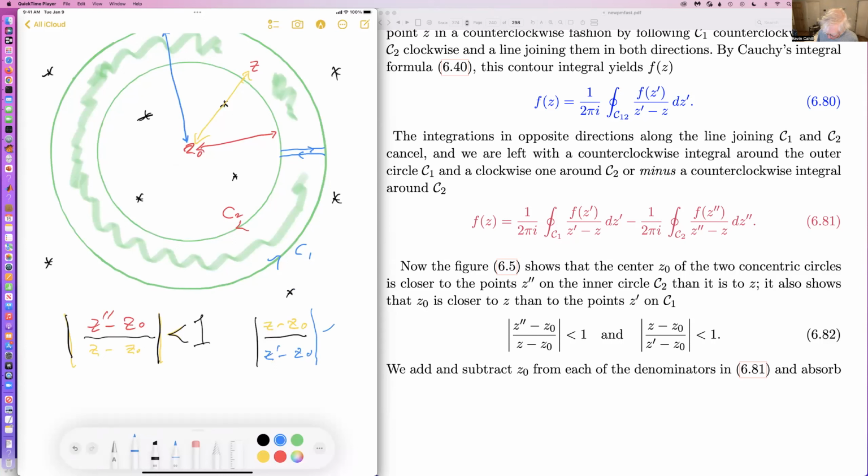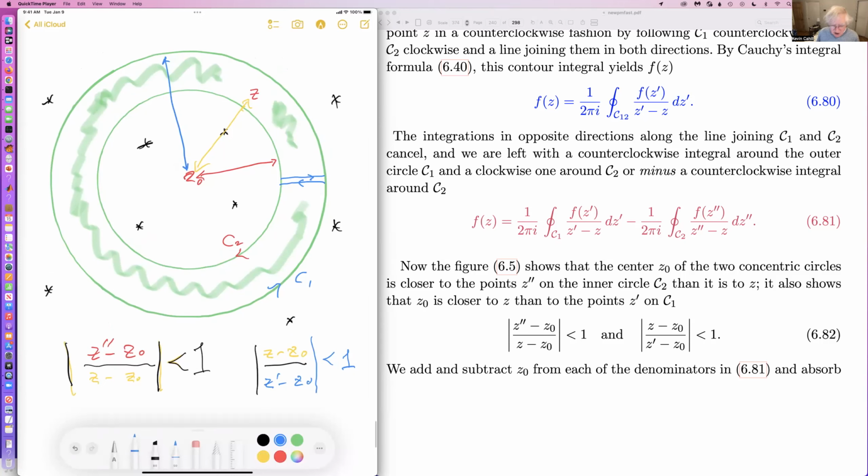And that's also less than 1. So that's the picture in colors. We have these two inequalities.